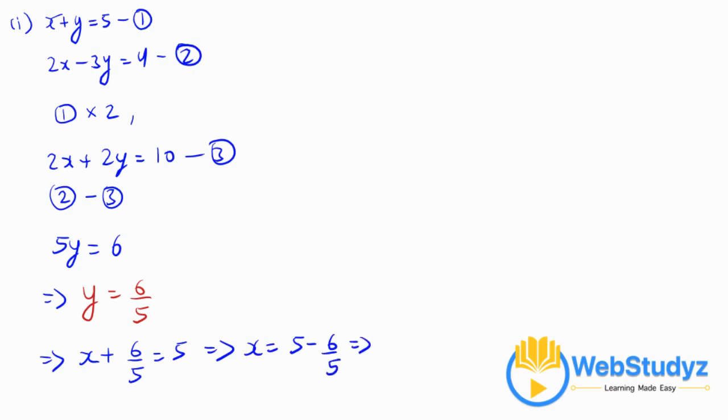So from here we get the value of x as 19 by 5. Now this we have done using the elimination method.